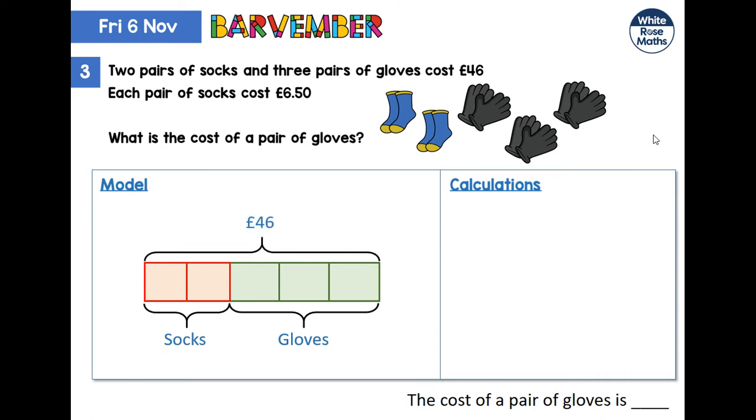So let's put in the total with a curly bracket, and let's put in those £6.50s. Okay. So what we are asked is, what is the cost of a pair of gloves? So we're going to pop a question mark in one of our green parts, because that's a pair of gloves. We're not wanting to know what 3 pairs of gloves is. We're wanting to know what a pair of gloves is. So that's one pair of gloves.